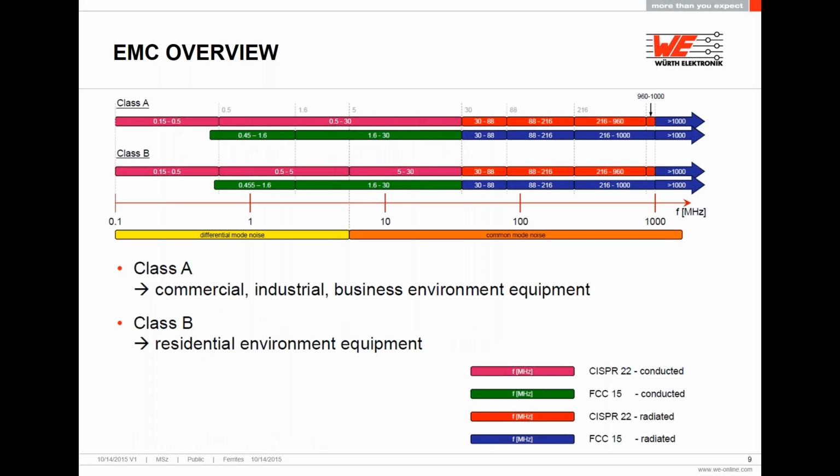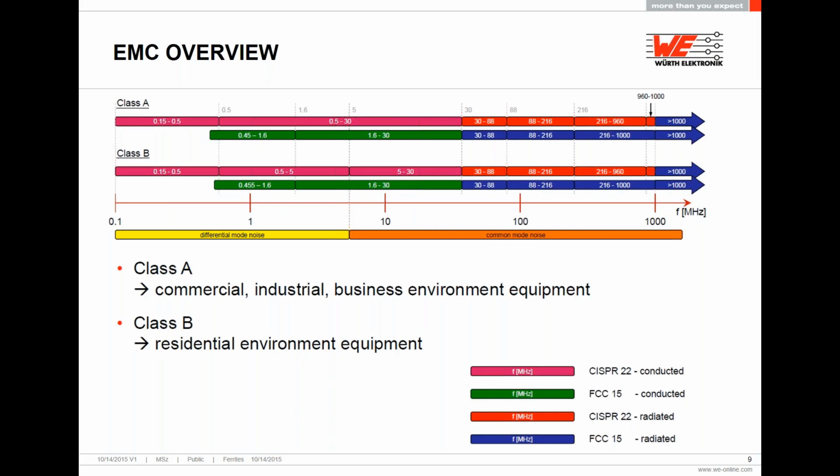To dig into CISPR 22 and the FCC 15 a little further, this slide shows the conducted and radiated tests performed at the same frequencies, but breaks it down into Class A and Class B. Class A is for commercial, industrial, and business environment equipment, and Class B is for residential environment equipment.